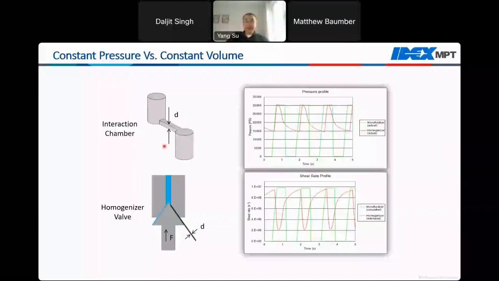Whereas in the case of microfluidizer technology, as I mentioned before, we are able to achieve a constant pressure by the combination of the chamber and the pump design. You can see, as shown in this green curve here, after a quick initial acceleration of the intensifier pump where pressure ramps up, you can reach the set pressure and maintain that pressure during the majority of your cycle, and then your material will receive a very uniform processing at the same pressure.